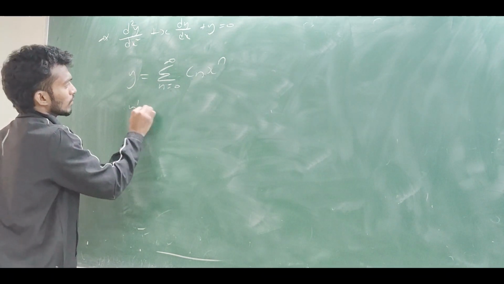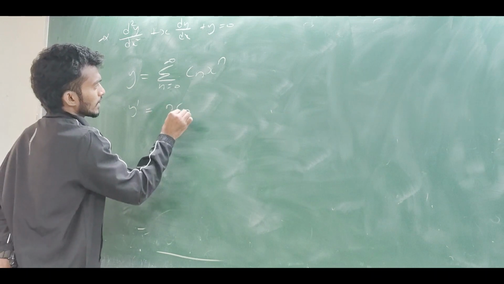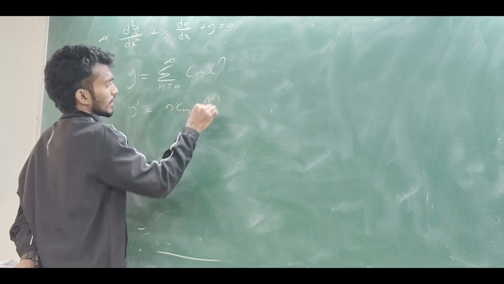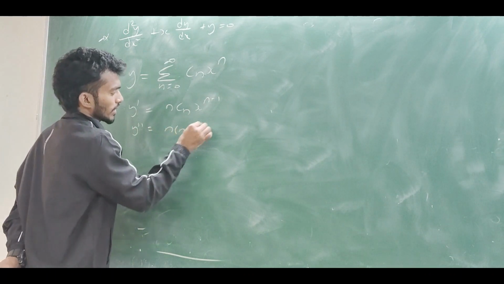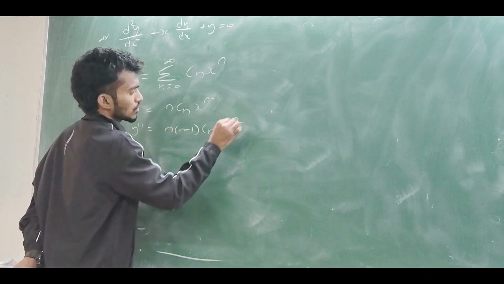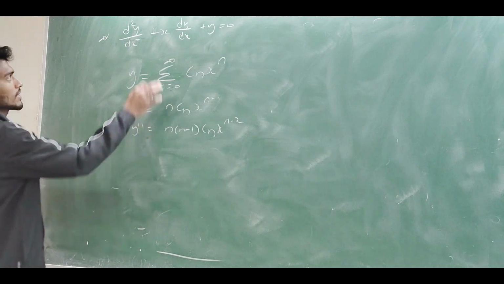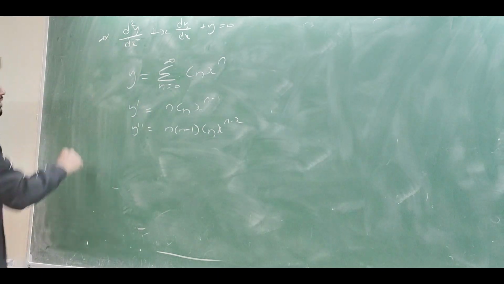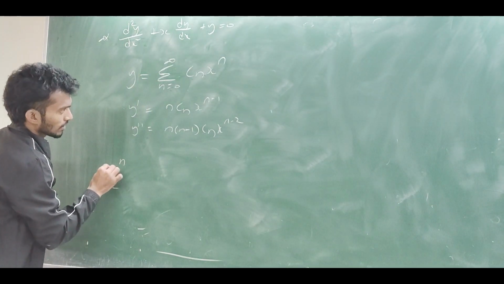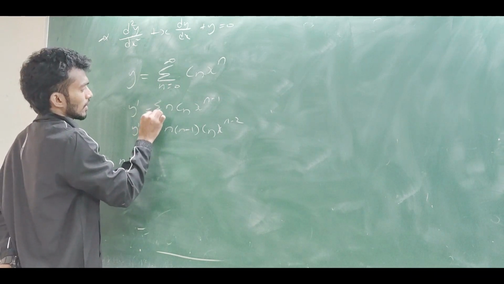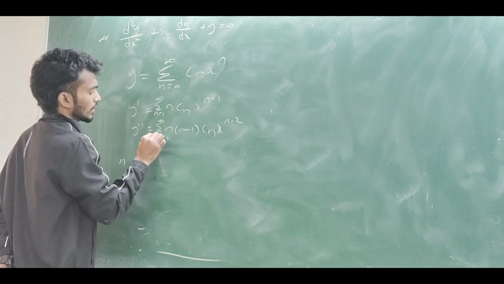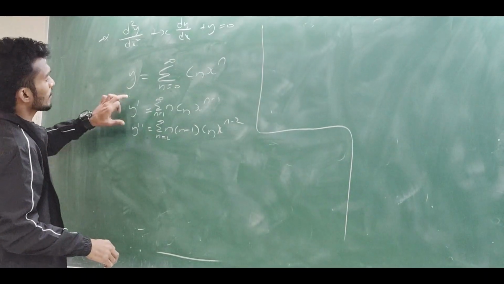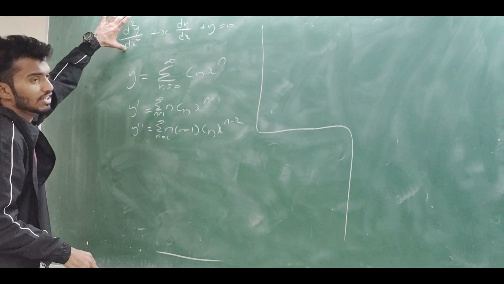Then y dash equal to summation n equal to 1 to infinity n into c n x power n minus 1, and y double dash is equal to summation n equal to 2 to infinity n into n minus 1 into c n x power n minus 2. Now we need to substitute y dash and y double dash in the given differential equation.